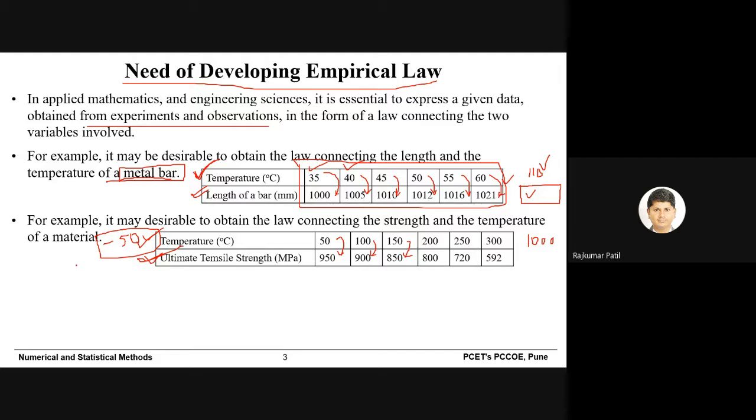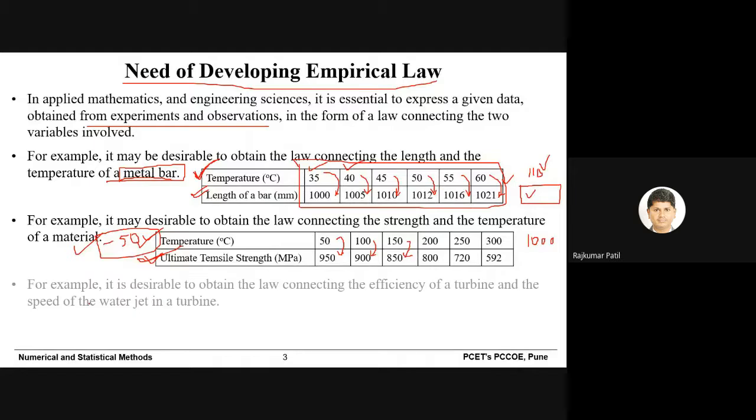Again, when that aeroplane is in the air, the temperature will go down to minus 50 or 60 degrees Celsius. So whenever you are designing the body of that aeroplane, you must consider the operating temperature, and accordingly select the material and carry out the design calculations. So this is another example.